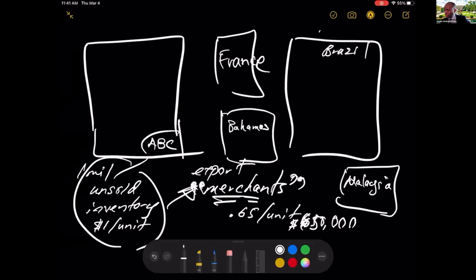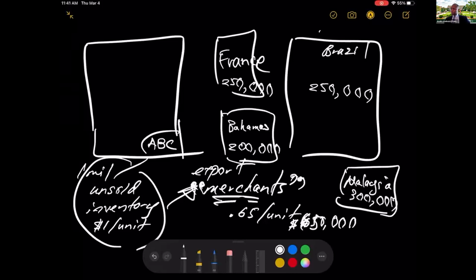They bought 1 million units. Maybe they sell 250,000 here, maybe 250,000 here, maybe this is 200,000 in Bahamas and 300,000 in Malaysia. And when they sell these products in these different markets, they obviously can charge different prices.